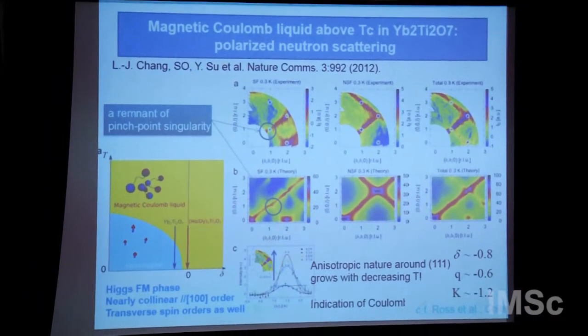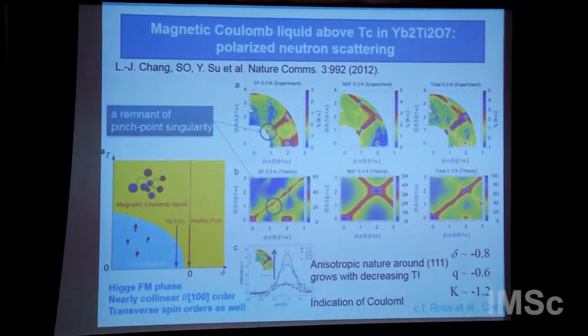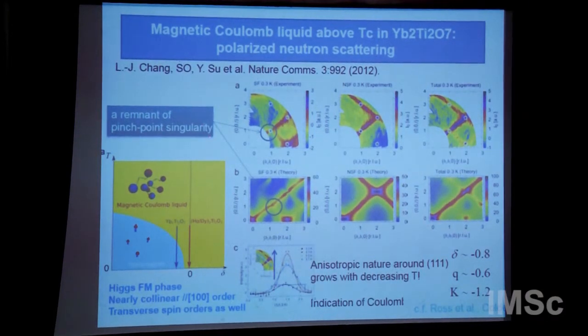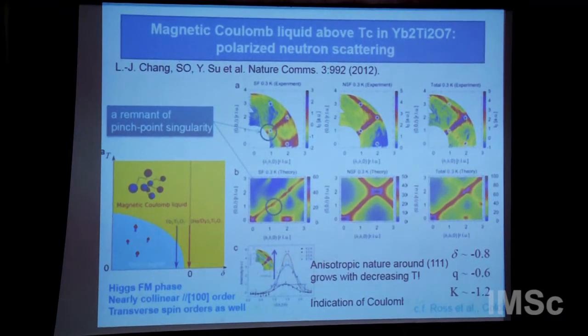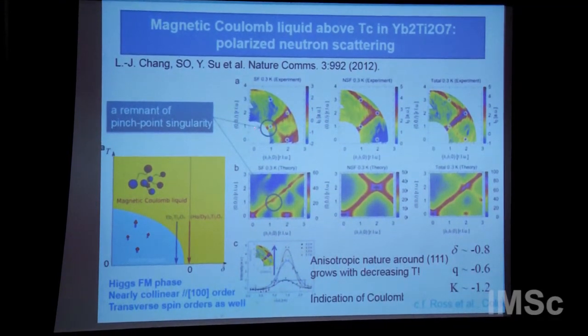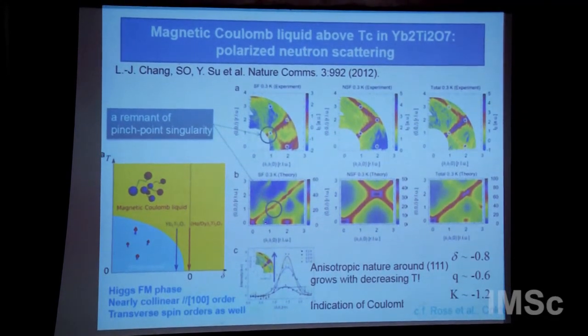So this is our experimental results. Not from myself, but from some of my experimental collaborators. And this was published in 2012 at almost the same time. We performed spin polarized neutron scattering experiments at 0.3 Kelvin and at actually lower temperatures.